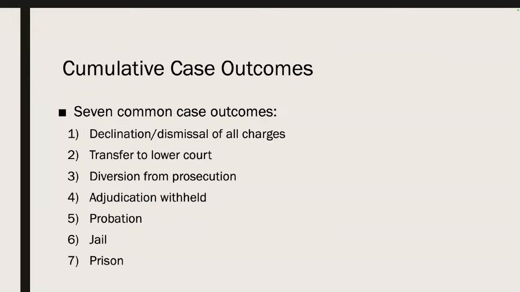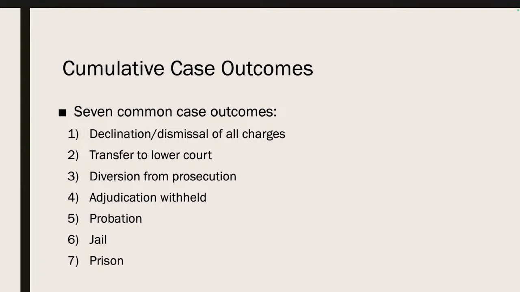You can have your case diverted from prosecution. And in many ways, this might actually be a lower, less punitive sanction than transferring to a lower court. However, if you fail on diversion, you can have your case prosecuted further, and you could end up in prison in some cases. So first three case outcomes: declination, transfer, diversion.